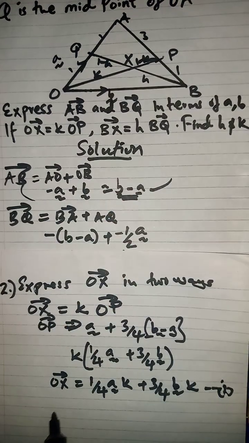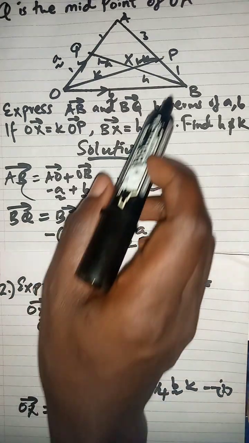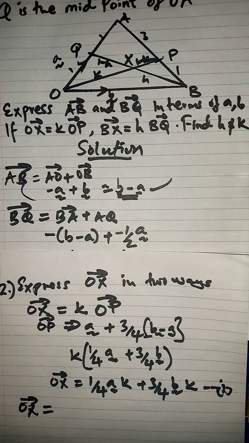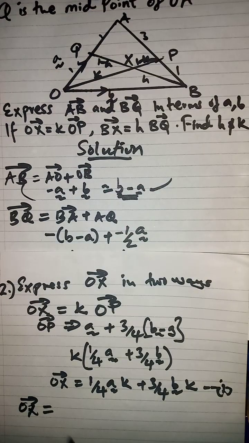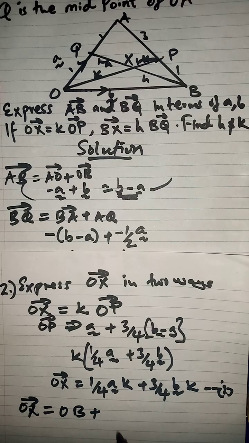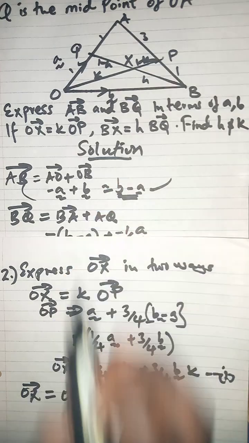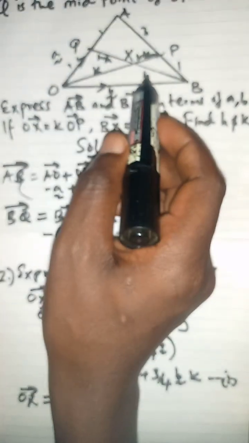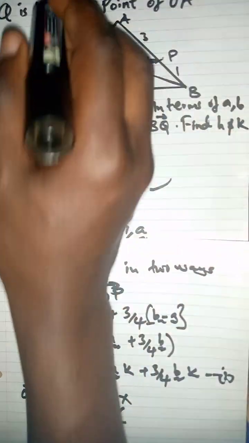Second, I'll also go through OX, but now passing through the scalar K, H. So going through O to X by passing through H, I'm going to get O to B plus B to X. You're able to see that O to B is vector B, plus B to X is H of the whole of BQ.